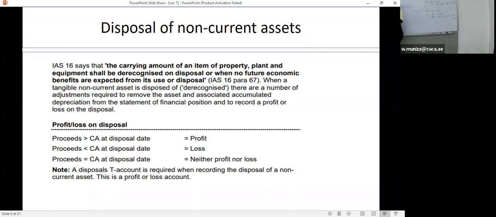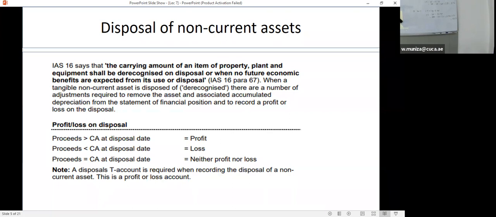It's a break-even situation. जब हम asset को sale करते हैं, हमें compare करना है दो चीजों को, sale value of an asset and the carrying value of an asset at disposal date. जब हम लोग asset को sale करेंगे, तो हम लोग दो चीजों को compare करेंगे. That is carrying value of an asset and sale value of an asset.